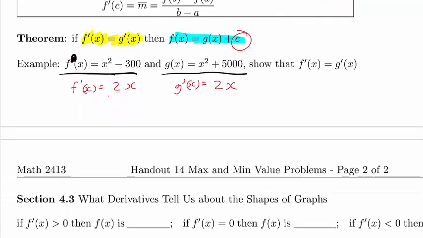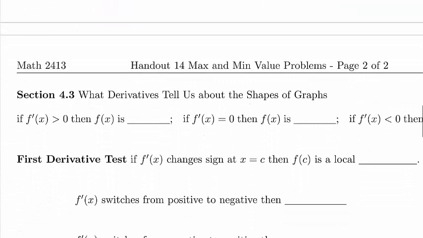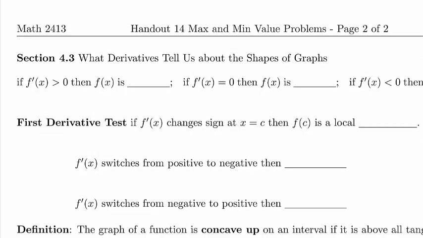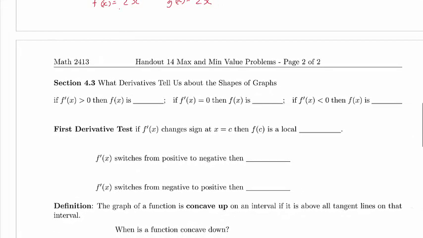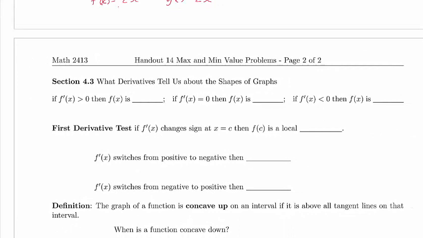Okay, so now on to the back side of the handout where we get to section 4.3: what derivatives tell us about the shapes of graphs. So we start off with 3 conditions. If our derivative is greater than 0, then f of x is increasing.